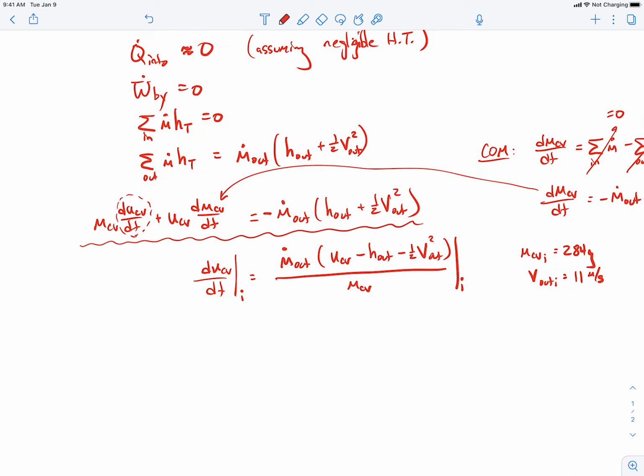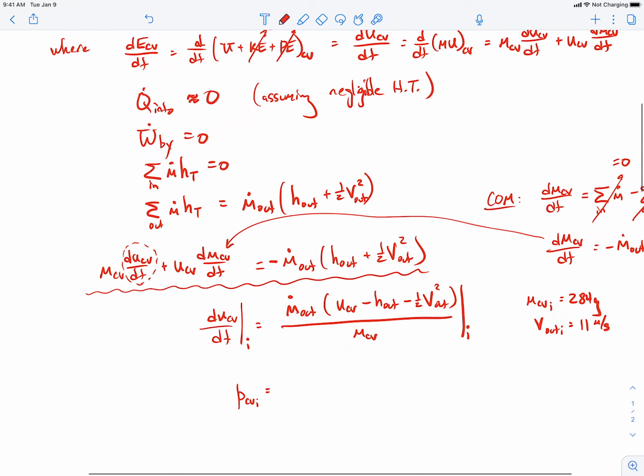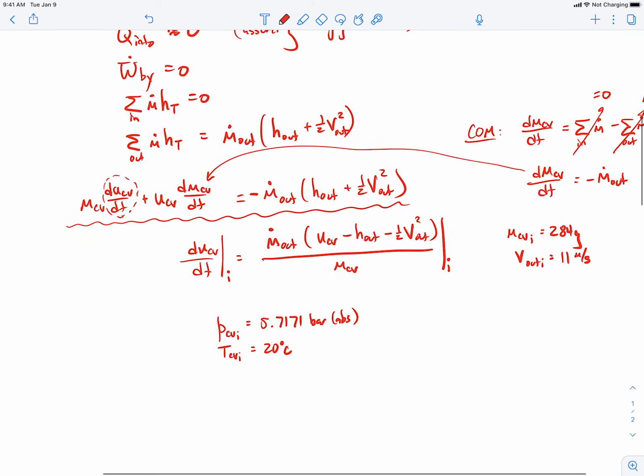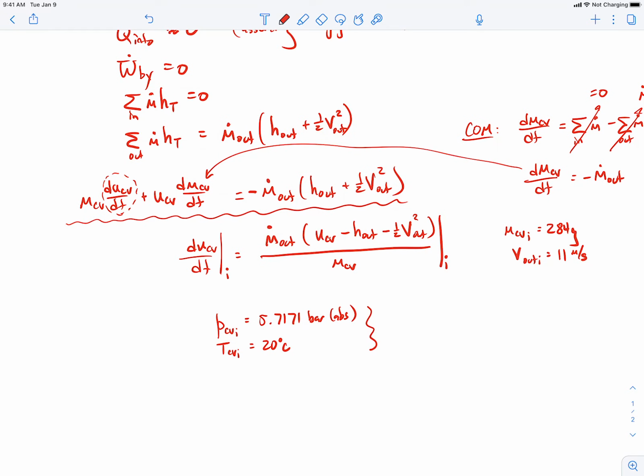I'm told the initial pressure within the control volume is 5.7171 bar absolute, and I know the initial temperature was 20 degrees C. So I can use the property tables for R134A to get the other properties.